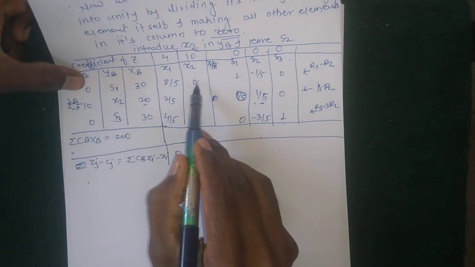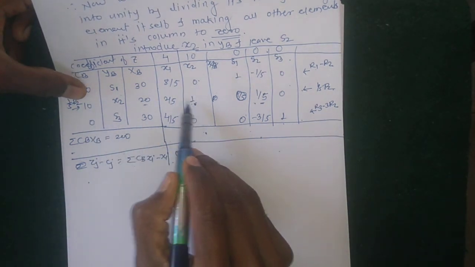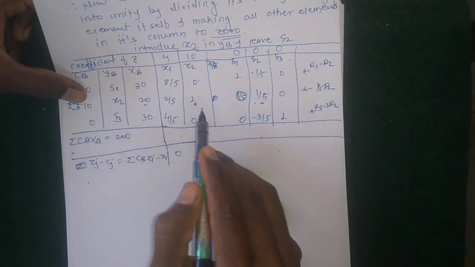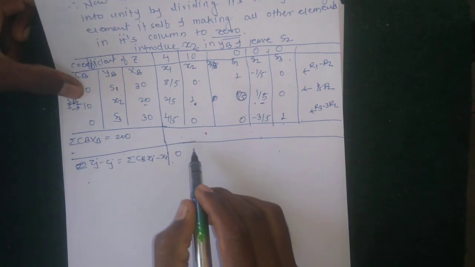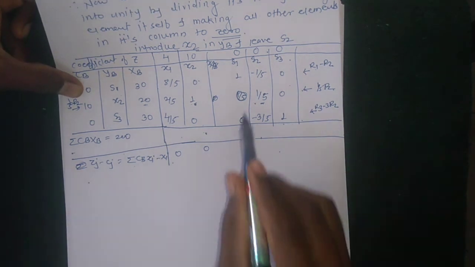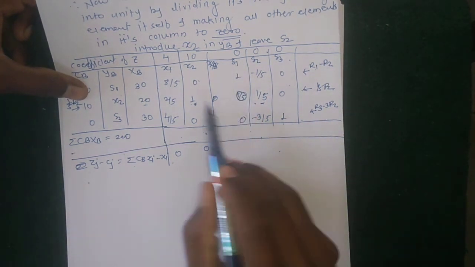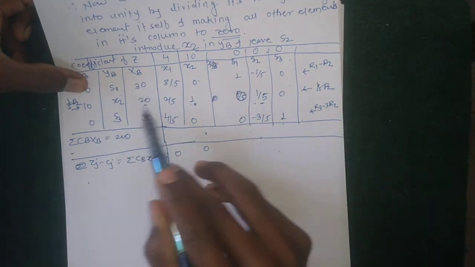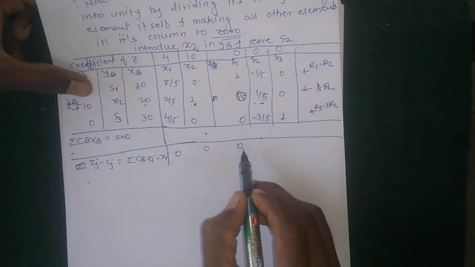Then 0 plus 10 plus 0, 10 minus 10 is 0. Then here 0, 0, 0, the value is also 0.